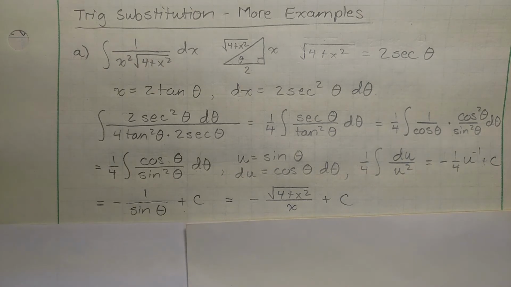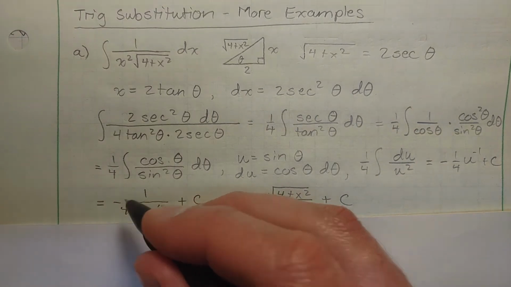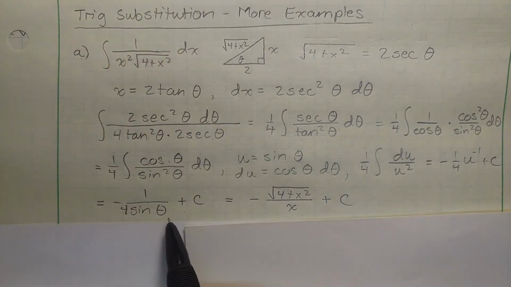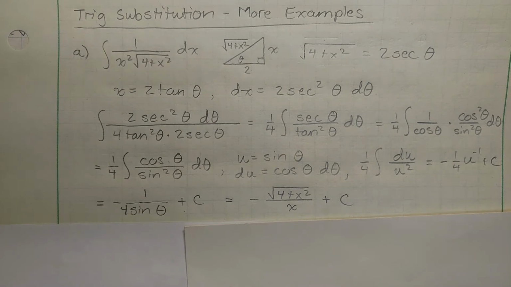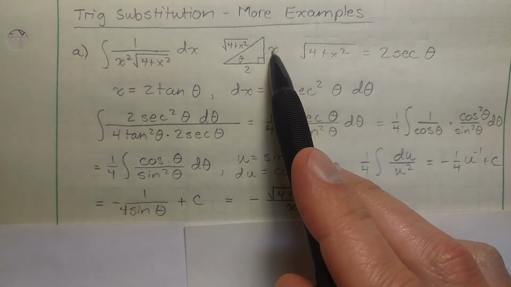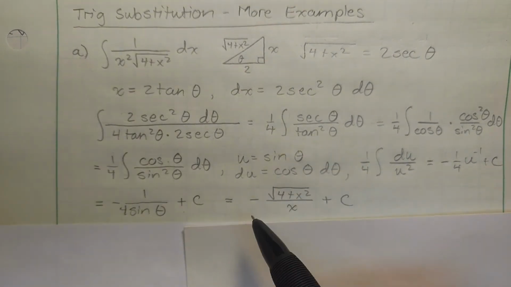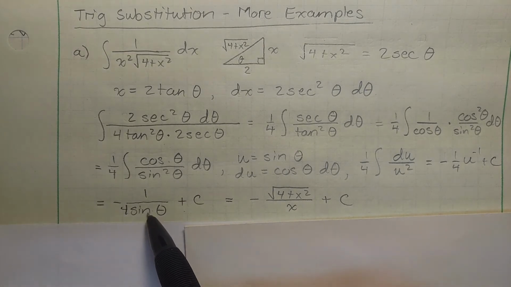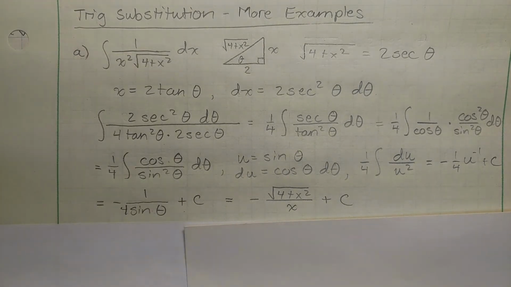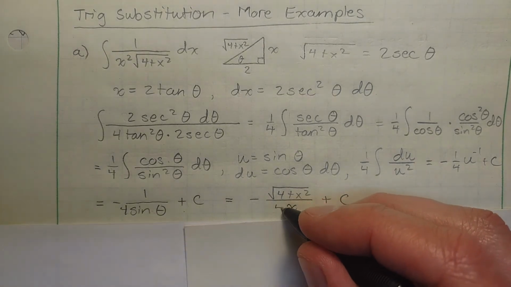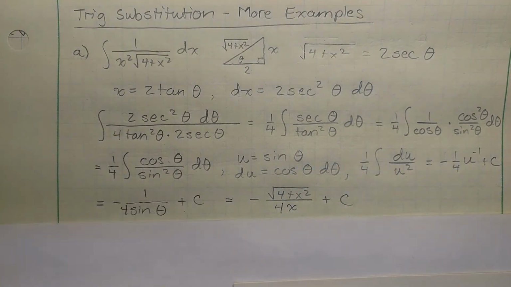How that happened, I'm not exactly sure, but there should be a 4 here. Carrying over, when I go to do sine of theta, that's this over this, but it's the reciprocal of sine, 1 over sine, so if I put that up in the numerator, this 4 does stay in the denominator. Somehow I lost that 4 there, and that is the answer that I get.